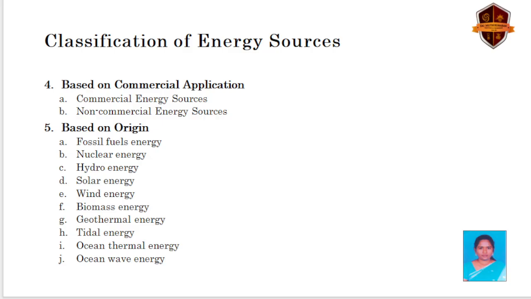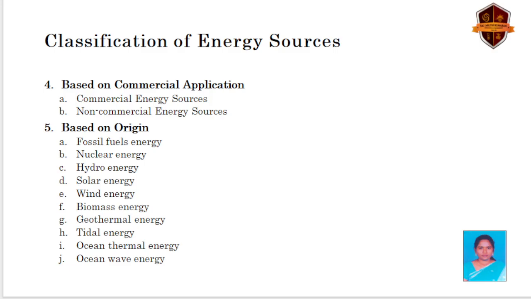Energy sources can also be classified based on commercial application into commercial and non-commercial energy sources. Based on origin, energy sources include fossil fuel energy, nuclear energy, hydro energy, solar energy, wind energy, biomass energy, geothermal energy, tidal energy, ocean thermal energy, and ocean wave energy.